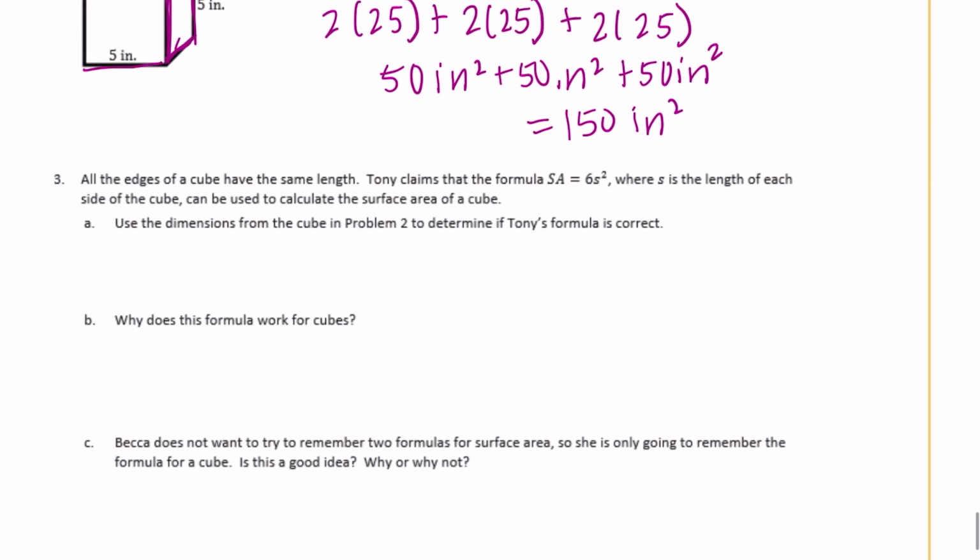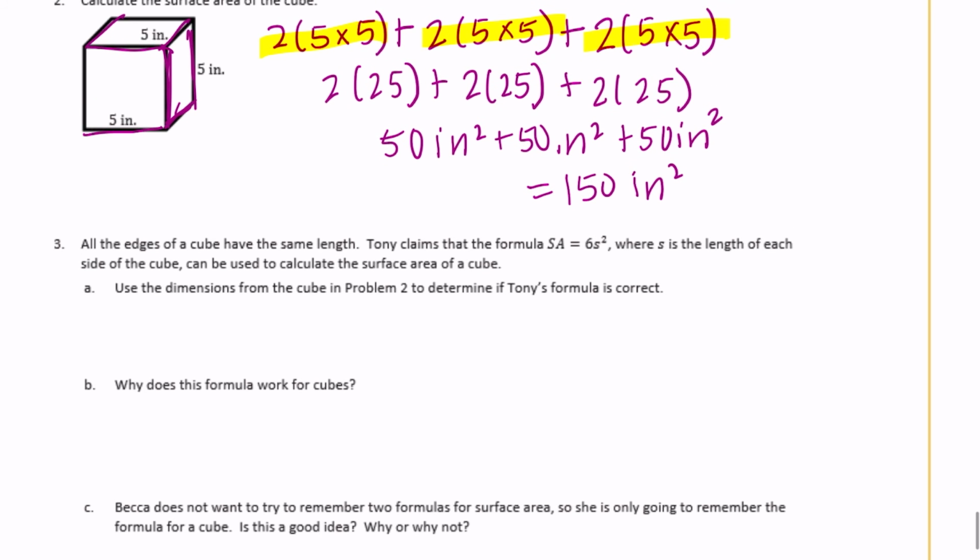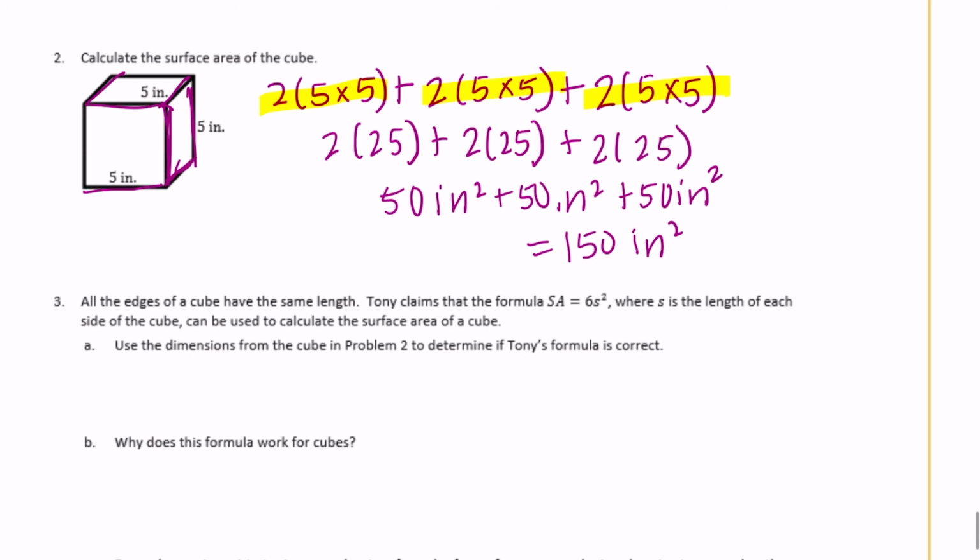So number 3 says all the edges of a cube have the same length. Tony claims that the formula surface area is equal to 6s squared, where s is the length of each side of the cube, can be used to calculate the surface area of the cube. Use the dimensions from the cube in problem 2 to determine if Tony's formula is correct.